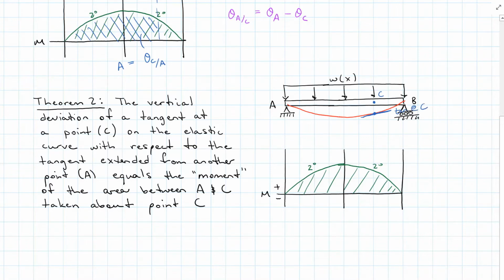Tangent at C to a tangent line drawn at A. So it's going to be this distance right here. That's the vertical deviation of C with respect to A.